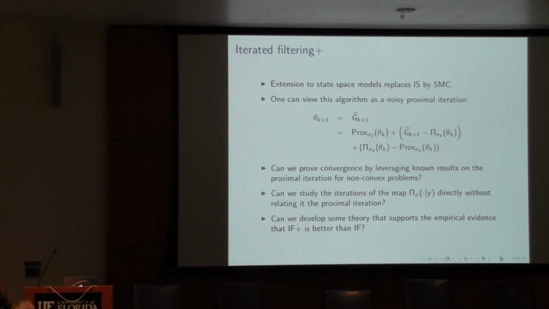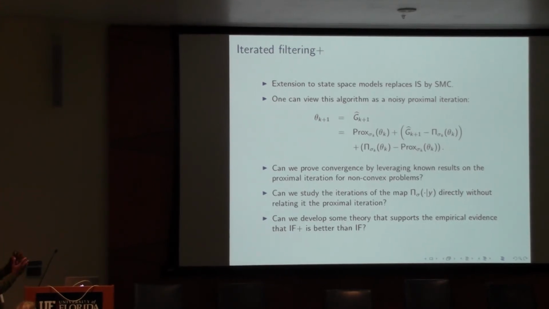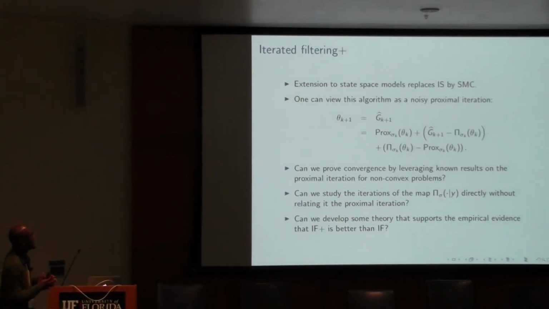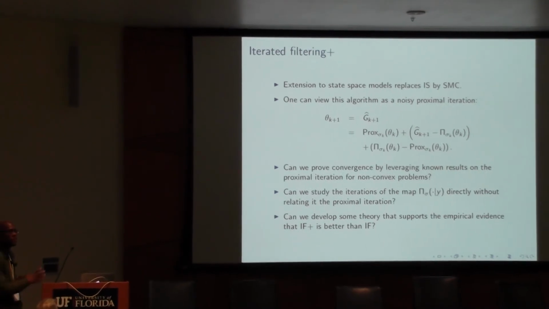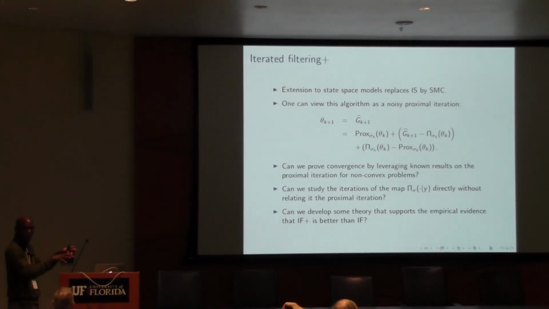But we haven't really done much on this, other than the very simple case where we assume that the function L is strongly concave. But if it is, say, concave only, or even non-concave, what can be said and what is the behavior of this? These are technical problems that we haven't really gotten our hands on.